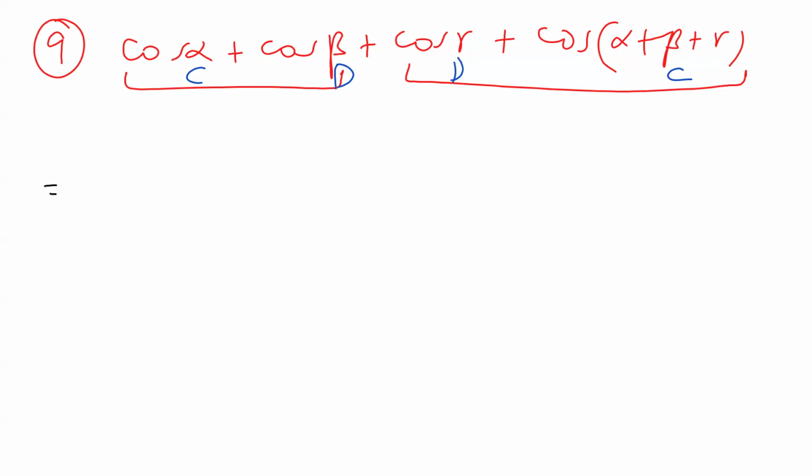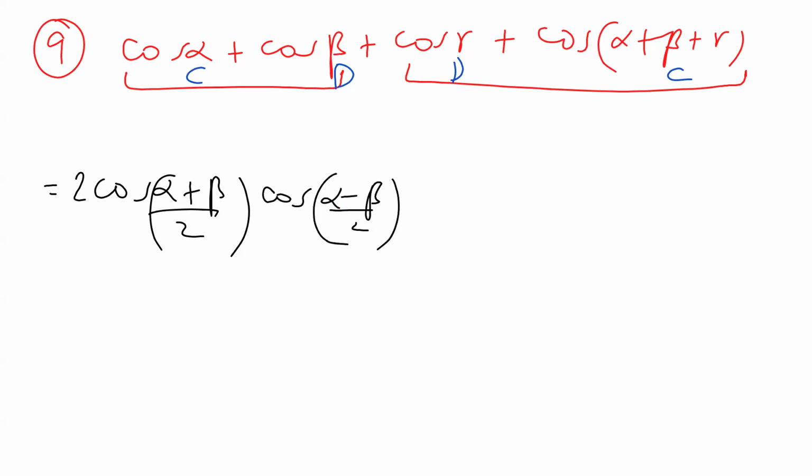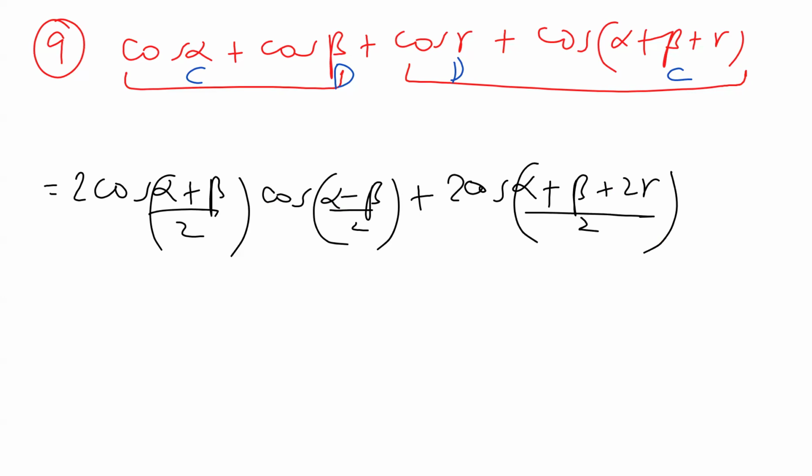So 2 cos((alpha plus beta)/2) into cos((alpha minus beta)/2) plus 2 cos of C plus D, so (alpha plus beta plus 2 gamma)/2, into cos of C minus D, that is (alpha plus beta)/2.